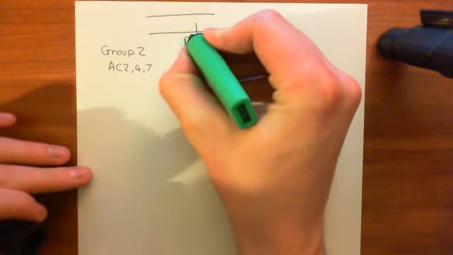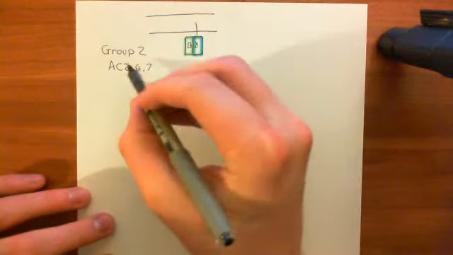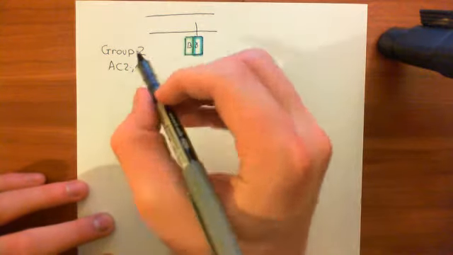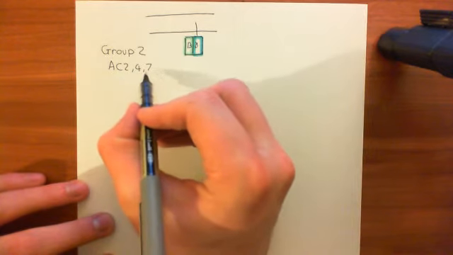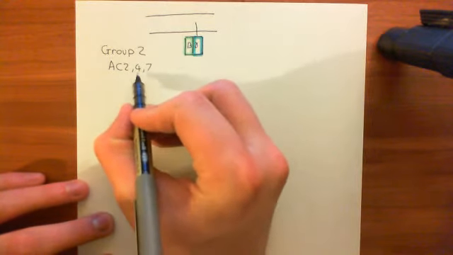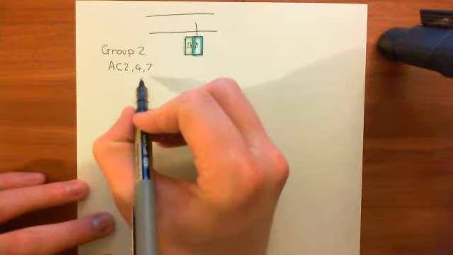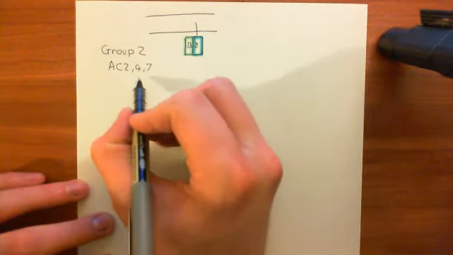Now basically what happens is the beta gamma complex binds to these adenylyl cyclases, adenylyl cyclase 2, 4, and 7, and it itself cannot activate them, not on its own.